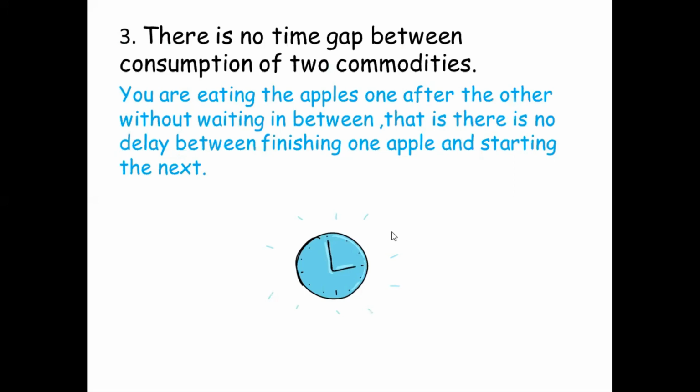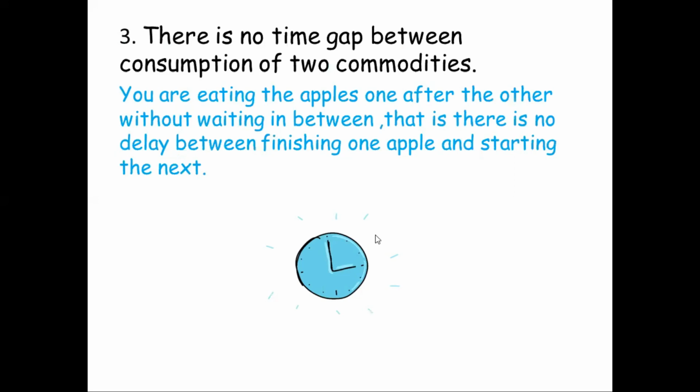So here there is no time gap at all. I can't do it the other way, like eating the first apple today, waiting for my hunger to build, and then eating the second apple the next day. When you give a time gap, you'll not be able to measure it in a proper way. That's why there should be no gap while consuming two consecutive commodities.